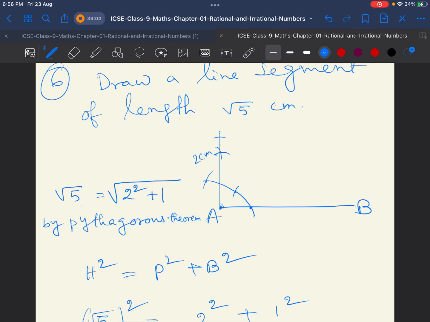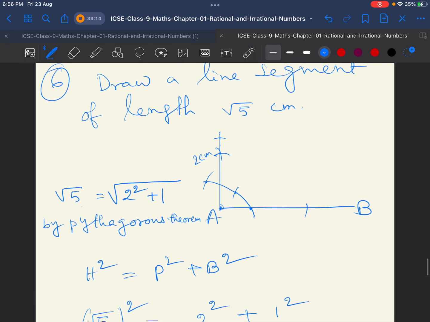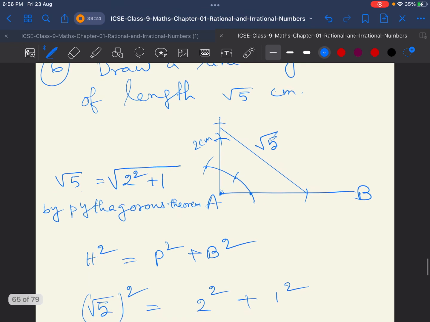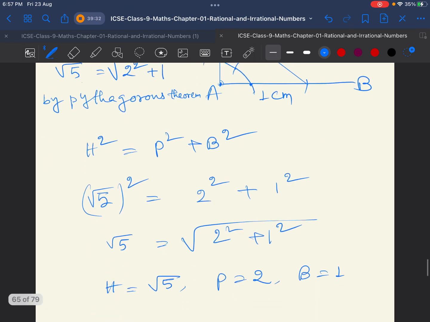Okay, now from here we cut root 5 centimeter, that is the hypotenuse. So we cut here. Now we draw this line. So this is root 5 and this is 2 centimeter and this is also 1 centimeter.